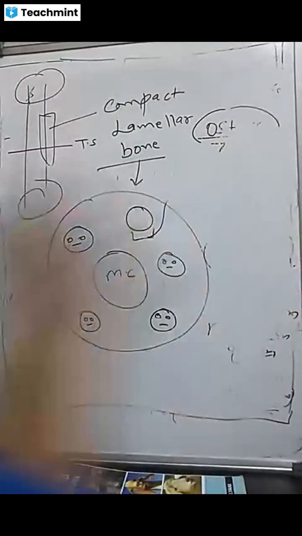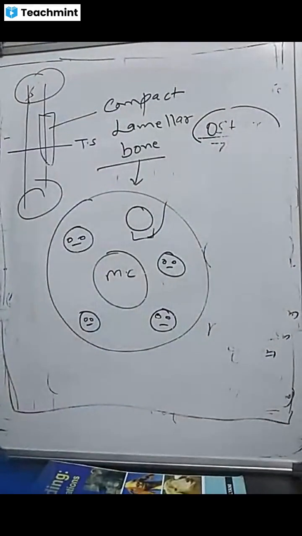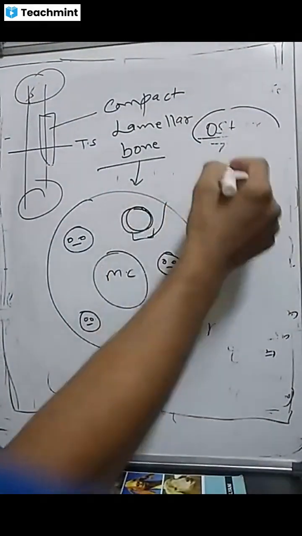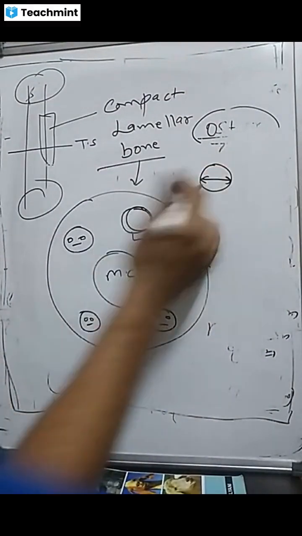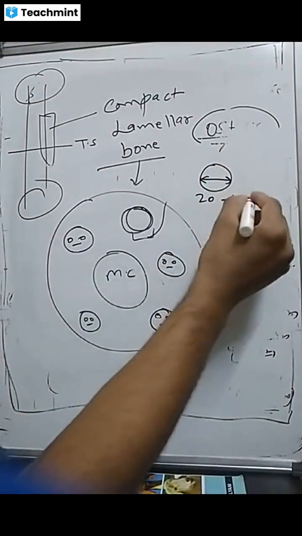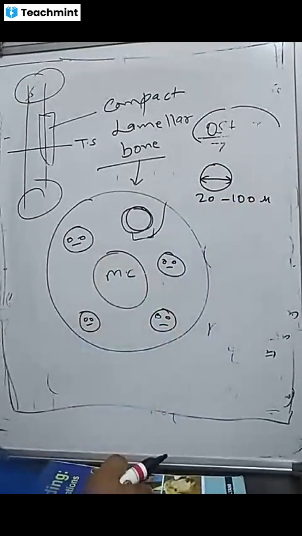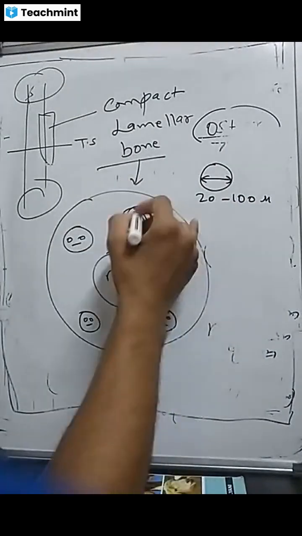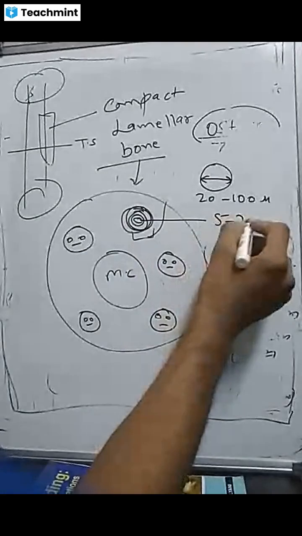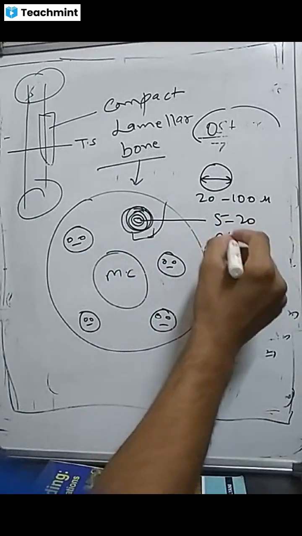If we see one circle, one osteon, the size of this osteon is 20 to 100 micron, and in this diameter there are multiple circles, about 20 circles.